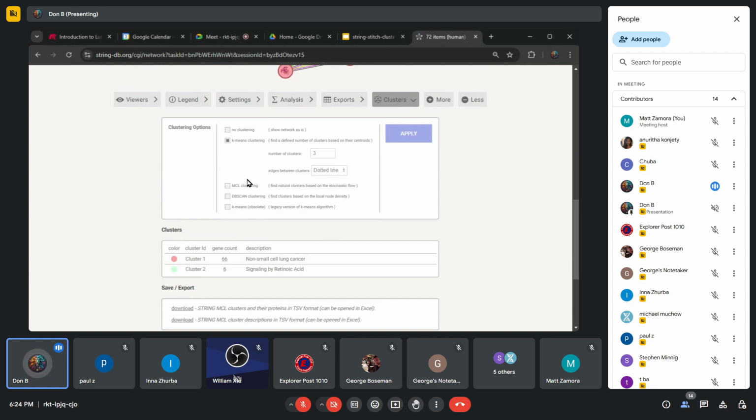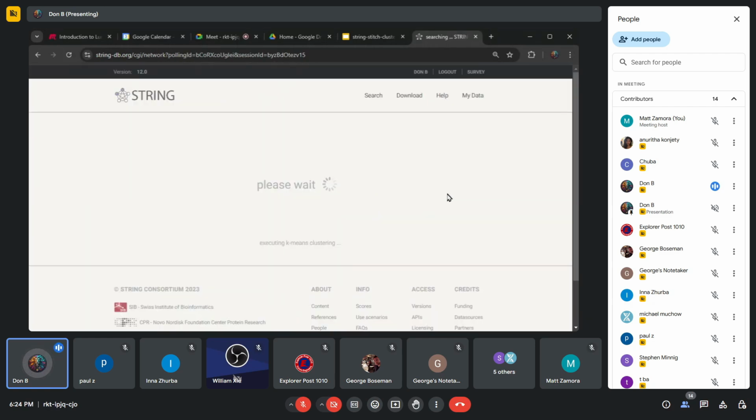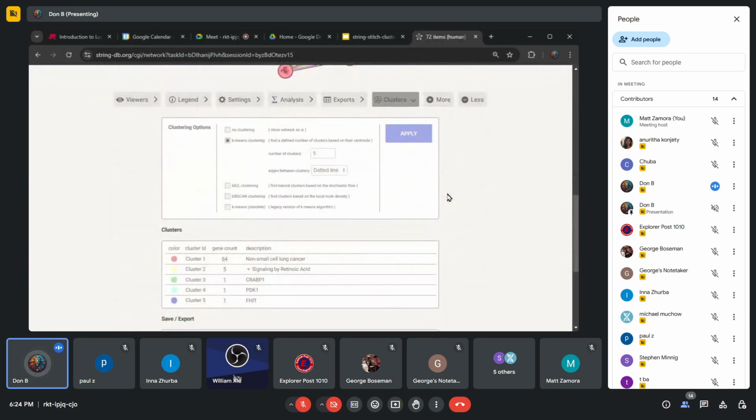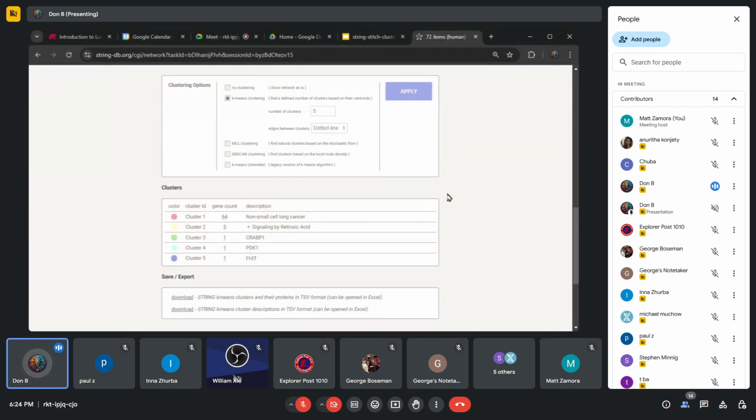but that there's also a specific retinoic acid pathway as well, particularly in the WikiPathways version. So let's see what it does. K-means clustering. I think I might need to bump it up a bit, but yeah. So here it's focusing more on FHIT, in the case of a protein that is a key starting point.